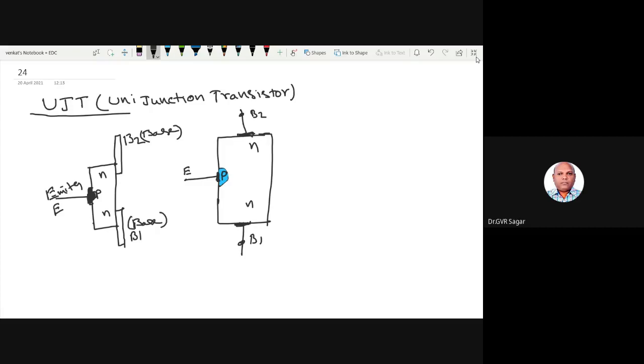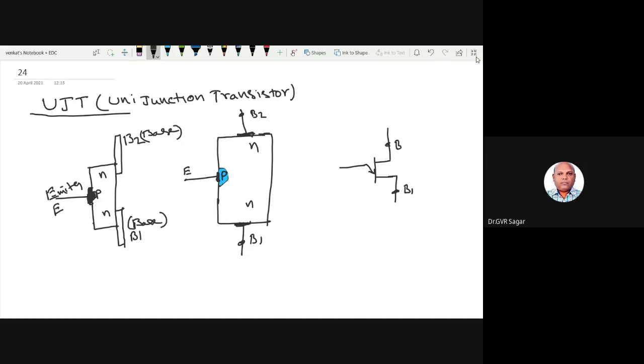And the symbol for this one is shown here, simple like a FET. A line is shown, and the arrow mark is bent towards base 1.